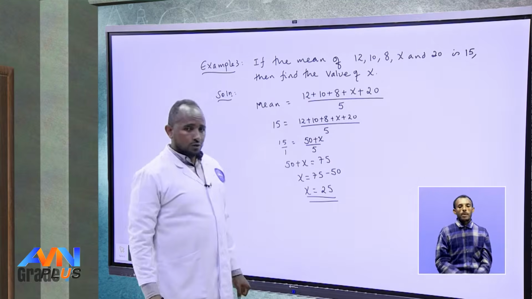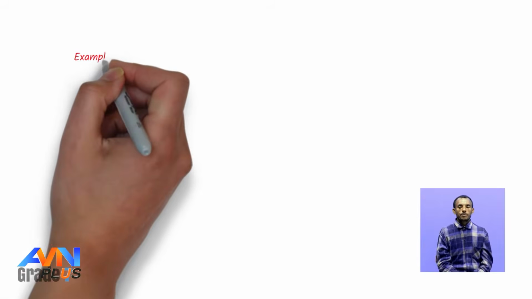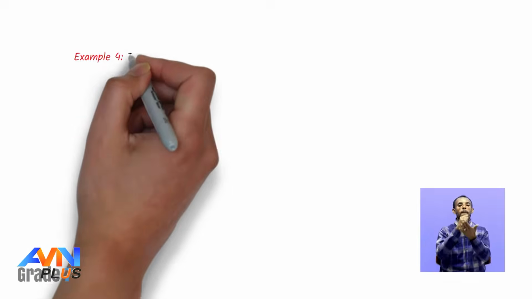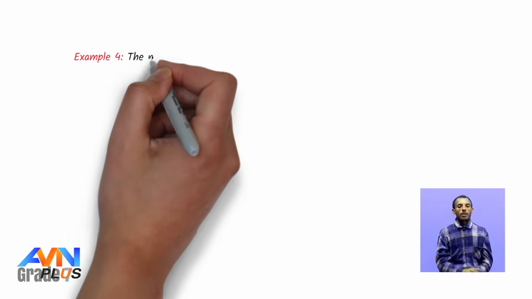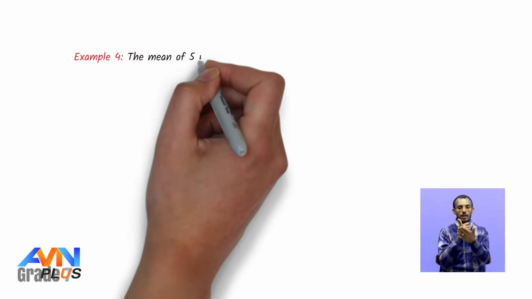Now we'll proceed to the next example. Example 4. The mean of 5 numbers is 11.